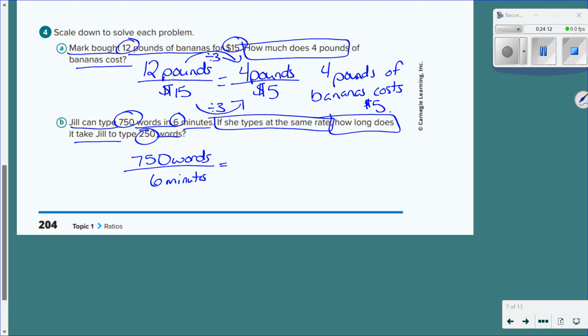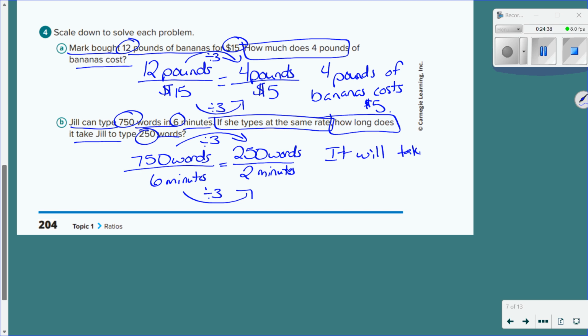And what other information did they give us? 250 words, so I make sure it is equal with the words in the other fraction. What do I do to 750 to get to 250? Divide by 3. So what is 6 divided by 3? 2 minutes. So it will take her 2 minutes. Any questions about those?